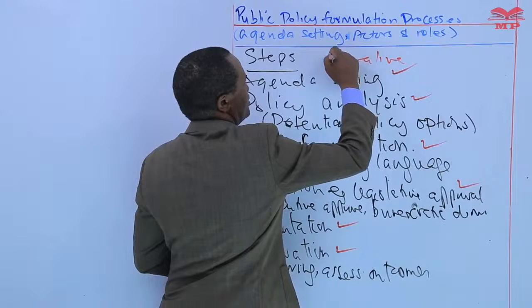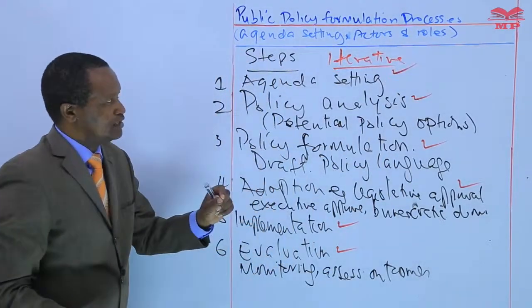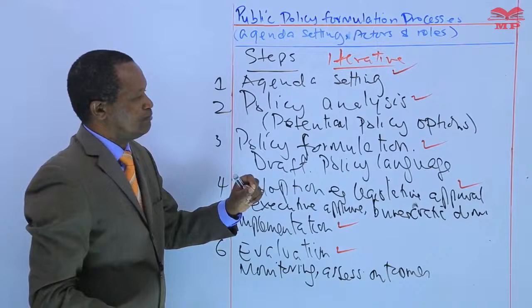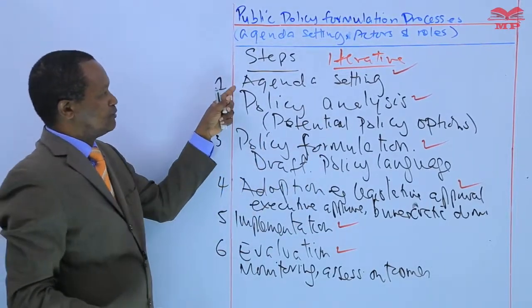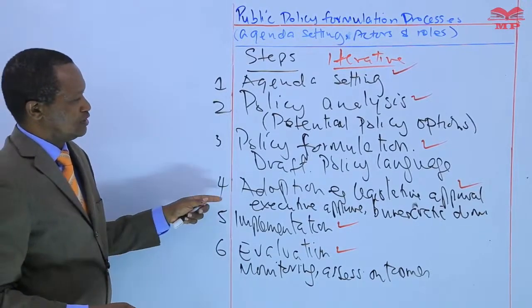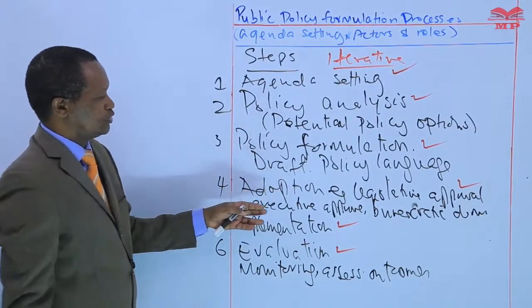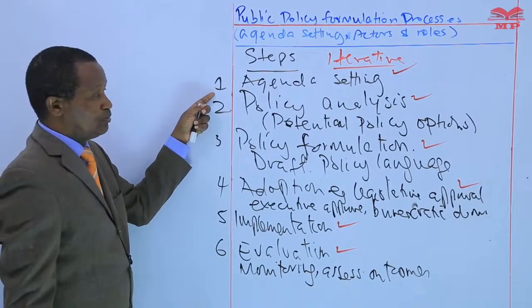We say it's complex and an iterative process. It may need to go back and forth. It's not linear. It's not always sequential, because it may happen, candidates, that at the adoption stage, there may be a need to redefine the problem.